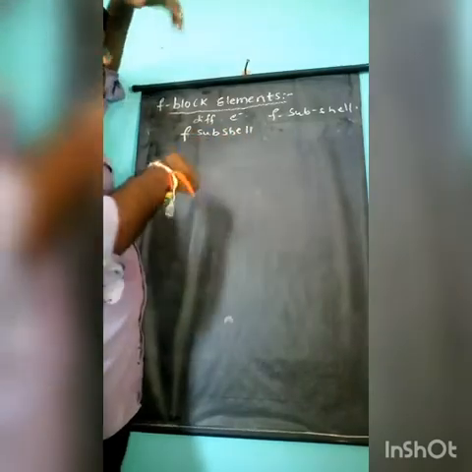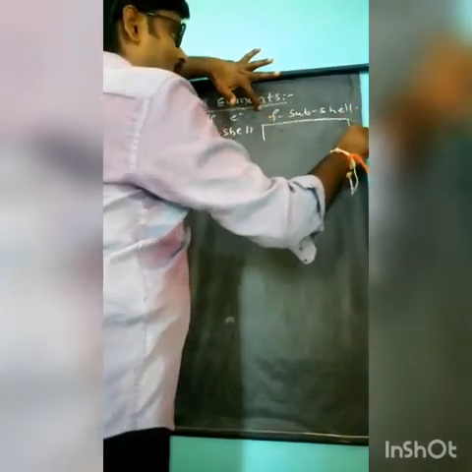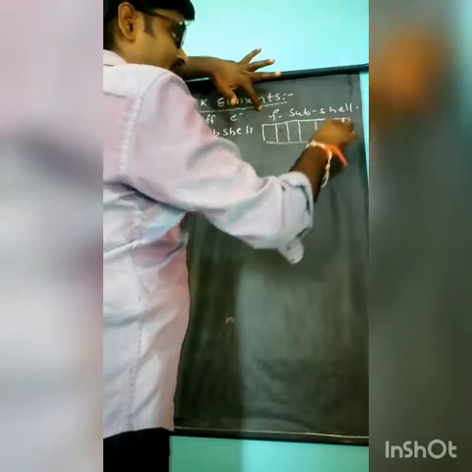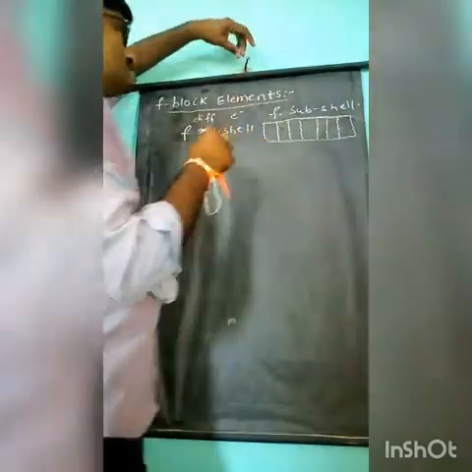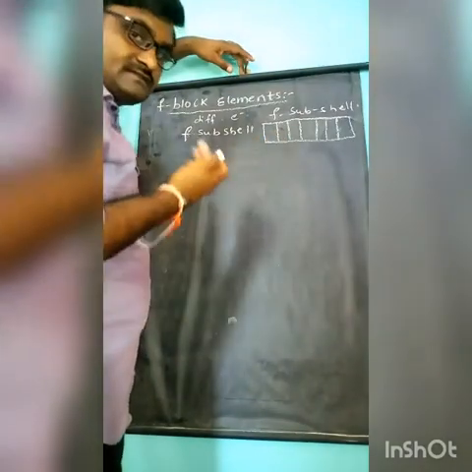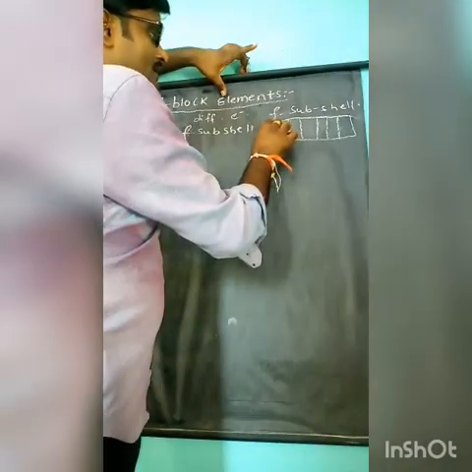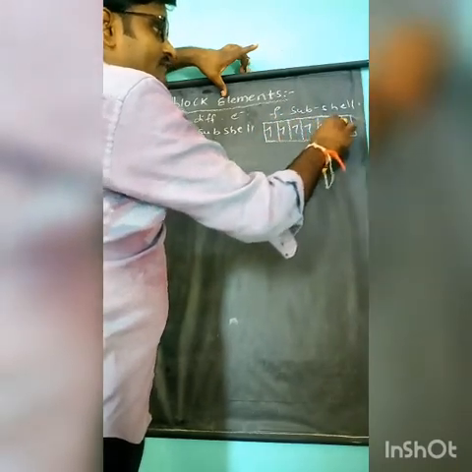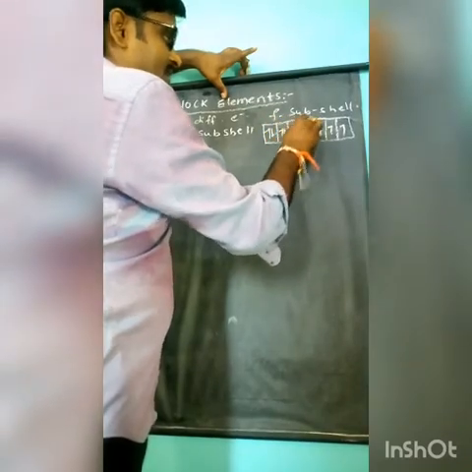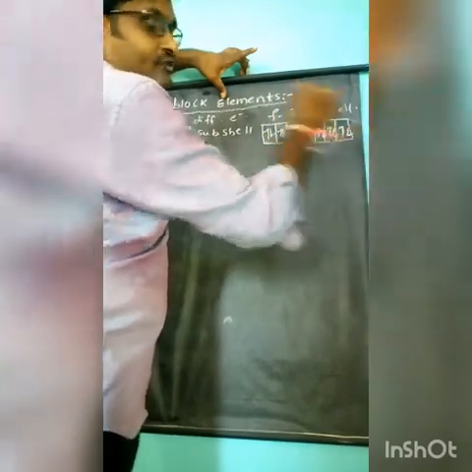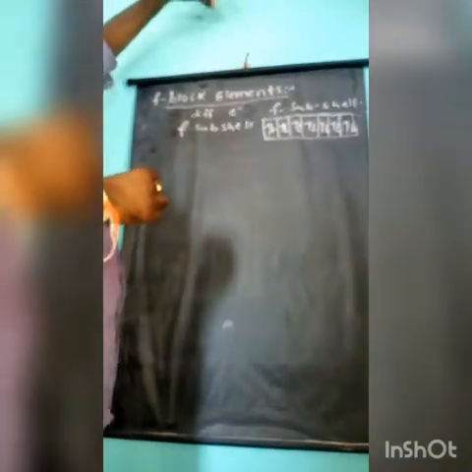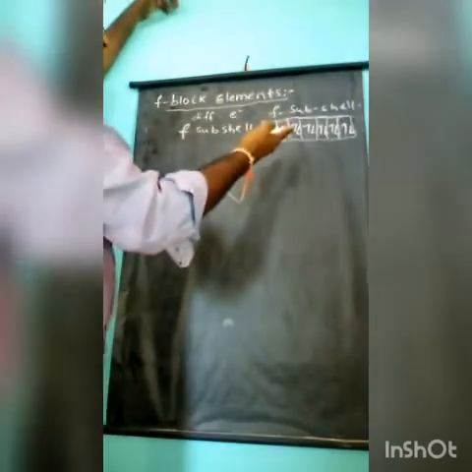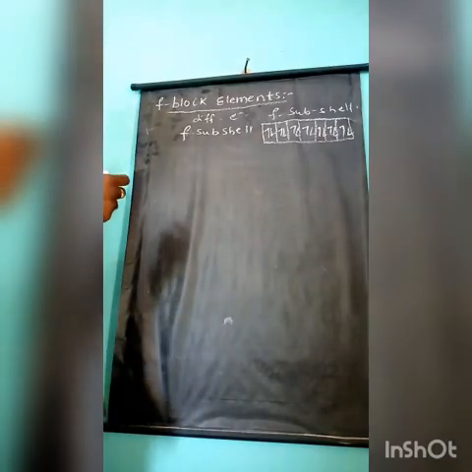The F subshell contains 7 orbitals, and each orbital accommodates 2 electrons, so it accommodates a total of 14 electrons. So 14 elements are in each series of the F block.